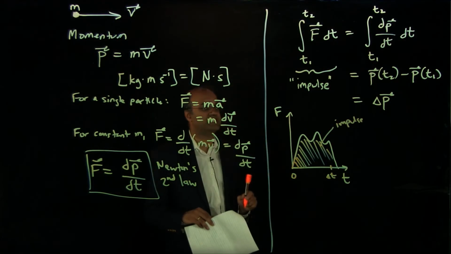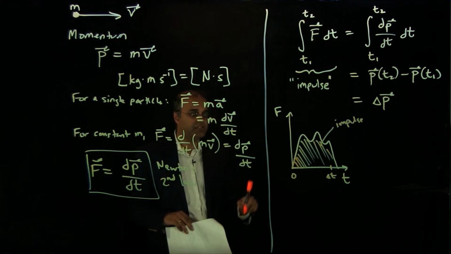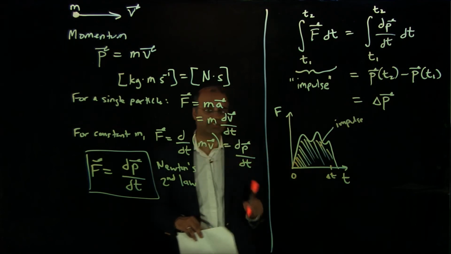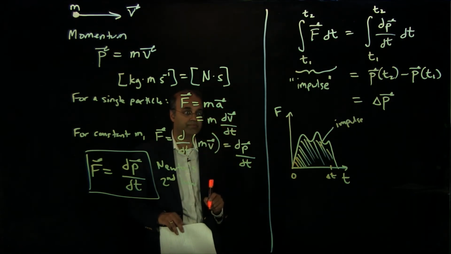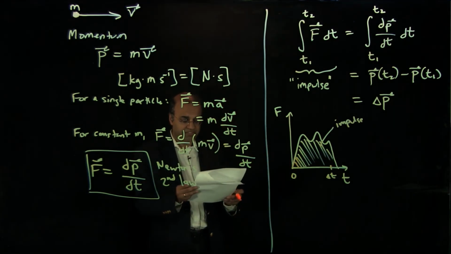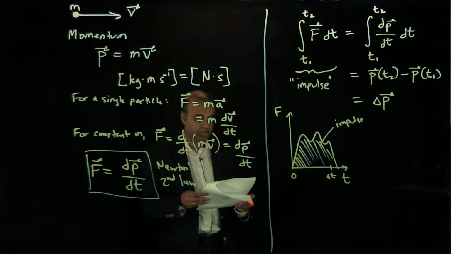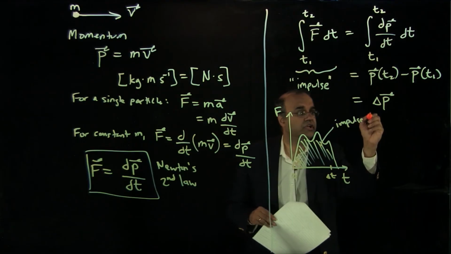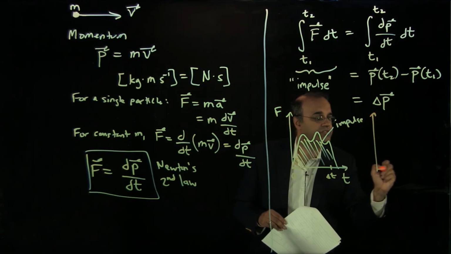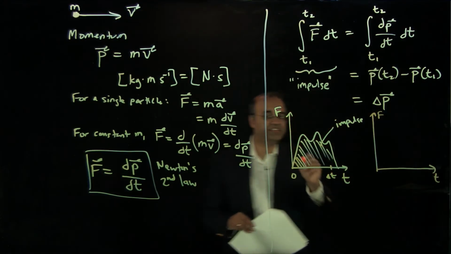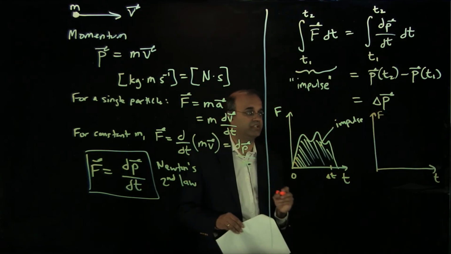That's the impulse. And the change in the momentum depends only on the area under this curve and not on the detailed shape of the curve. So what that means is that I can define an average force by choosing a constant force that has the same area as this example on the left.